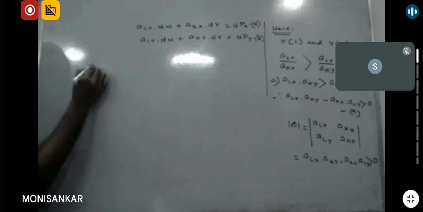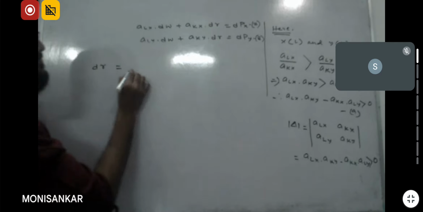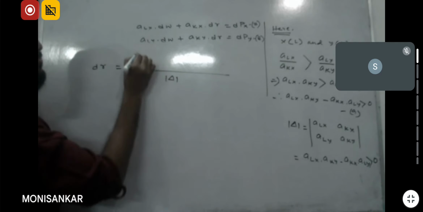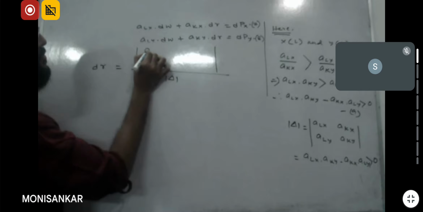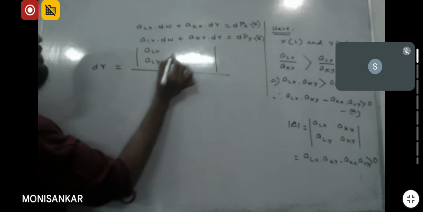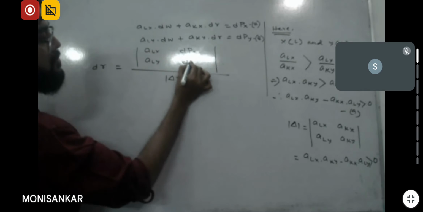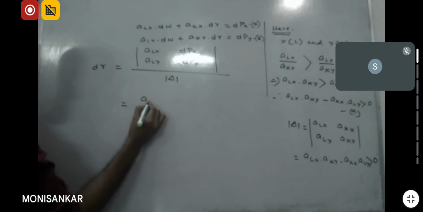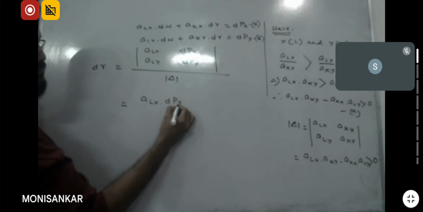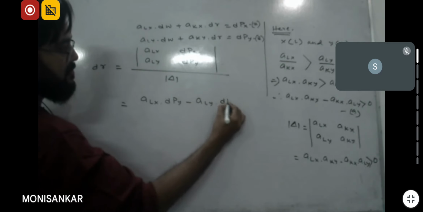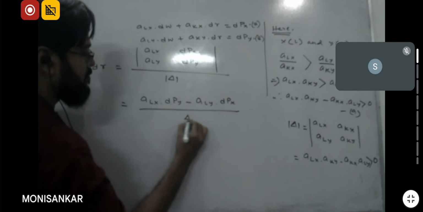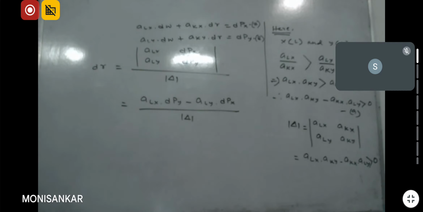Similarly now dr, same pattern. We know when trade opens up, foreign commodity that is Y is relatively cheaper in any other country.